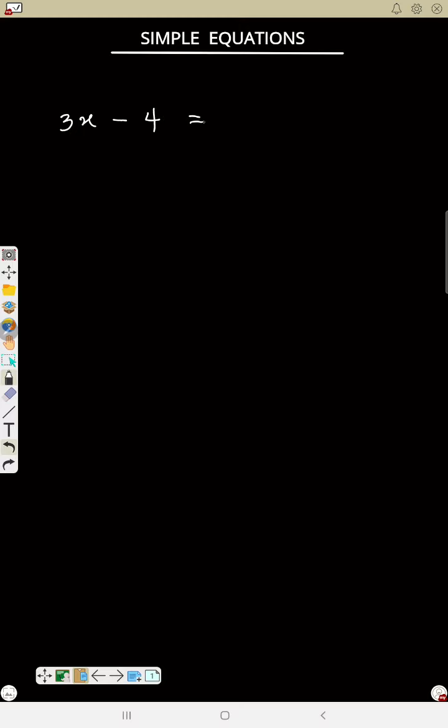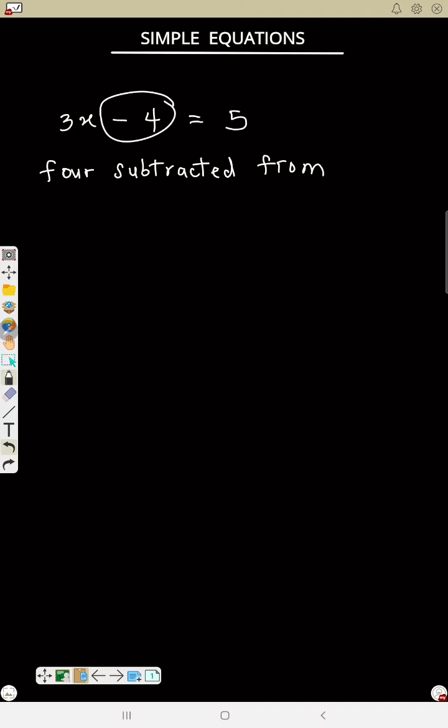What is the meaning of this equation? 3x minus 4 is equals to 5. Now 3x minus 4, you are removing 4 from 3x. So you can say 4 subtracted from 3x, because we have 3 times a certain number here.